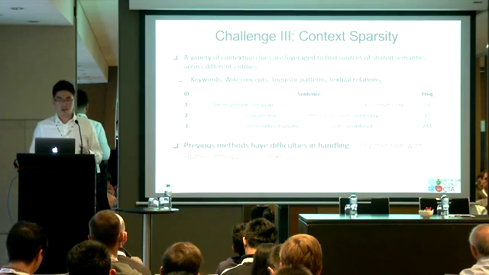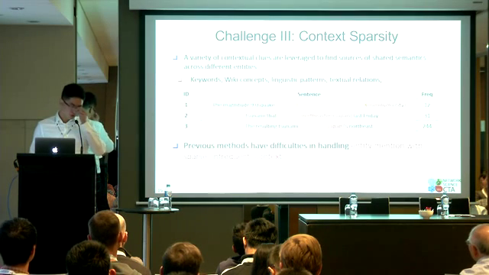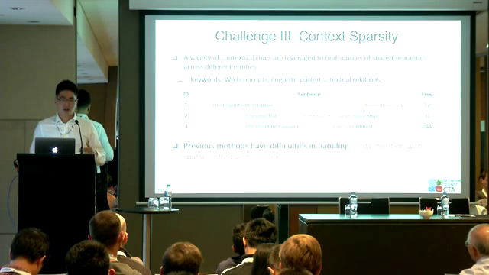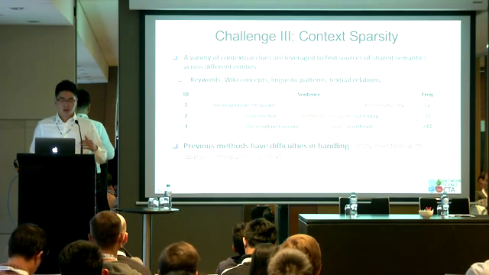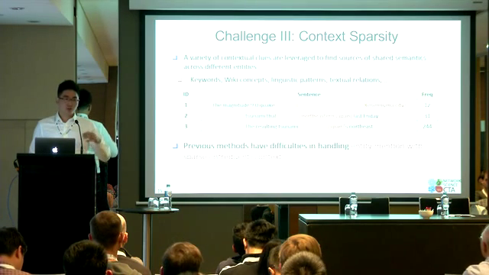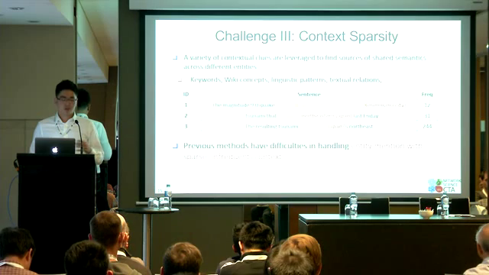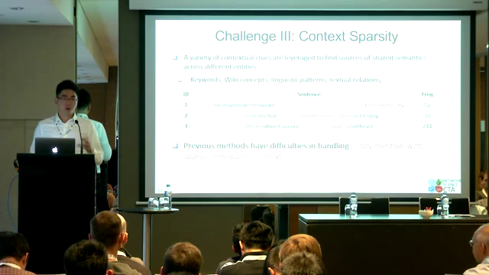The third one is context sparsity. The context patterns, no matter whether you are using relation phrases or relation patterns or whatever, as the bridges to propagate the types, you always face sparse context patterns or sparse relation phrases.